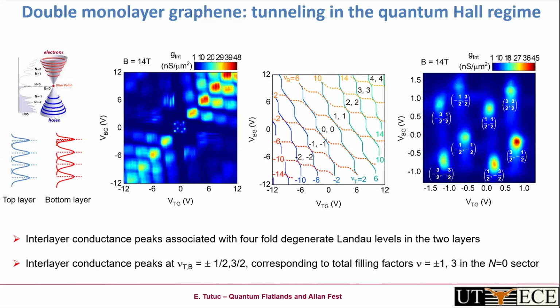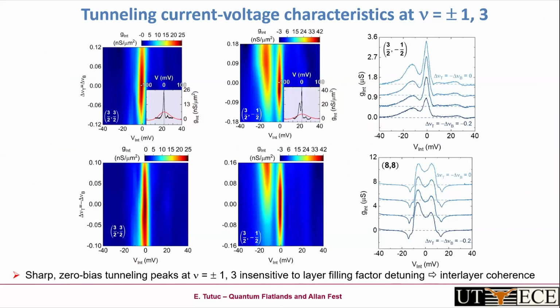But this is not necessarily evidence of coherence. You can get tunneling if you simply have a high density of states. So if, let's say, interaction splits the fourfold degenerate Landau level, you could get these peaks simply from a high density of states. So let's dig a little bit deeper into these peaks, okay?